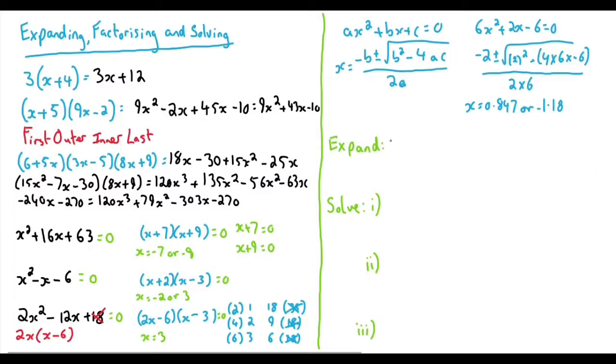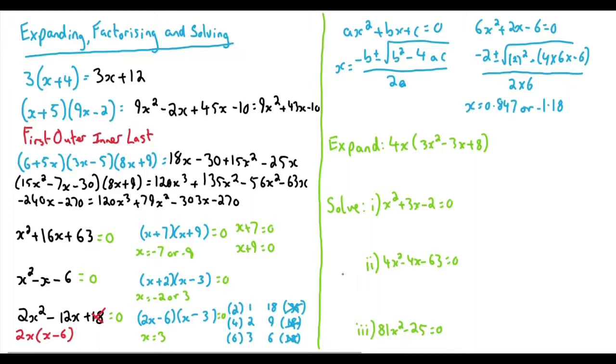First of all, I would like to see if you can expand 4x, brackets, 3x squared minus 3x plus 8, and then solve x squared plus 3x minus 2 equals 0, 4x squared minus 4x minus 63 equals 0, and then 81x squared minus 25 equals 0.